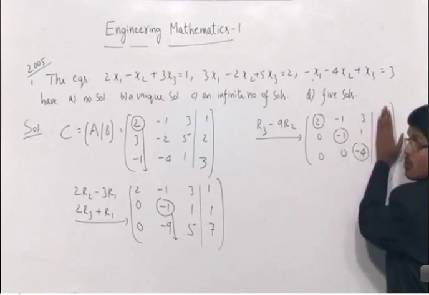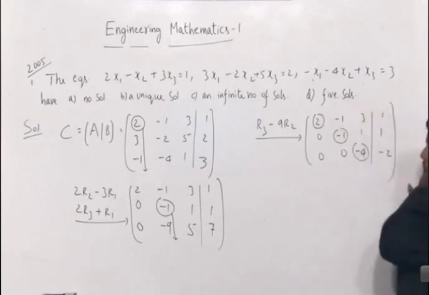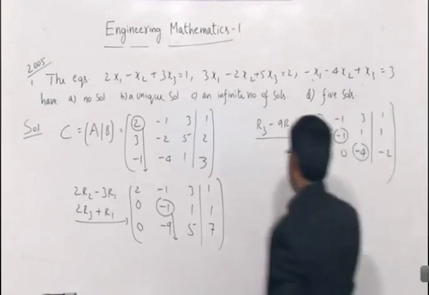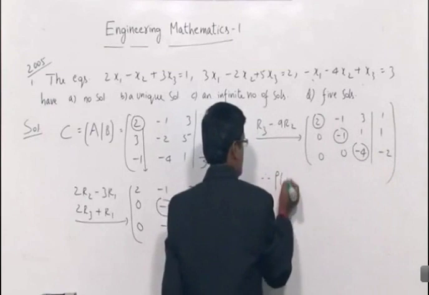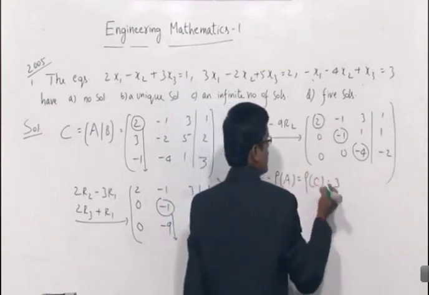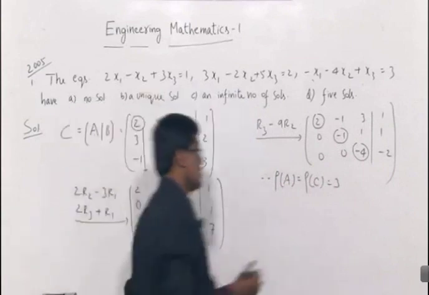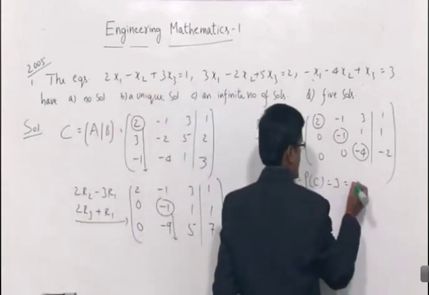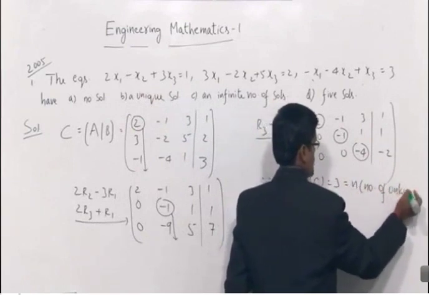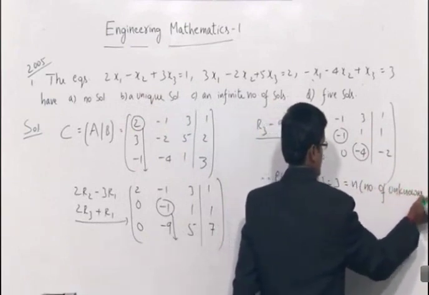What is the rank of this matrix? Below the diagonal it is 0, so it is row echelon form. Rank is equal to 3. Open it: still it has 3 circles, row echelon form. So both ranks are equal. Therefore rank A is equal to rank C is equal to 3. The number of unknowns is x1, x2, x3, so this is n, where n stands for the number of unknowns.